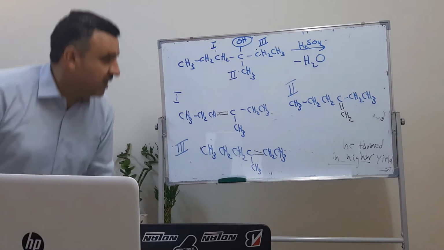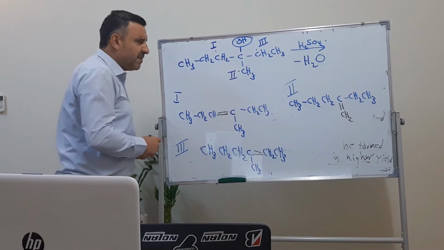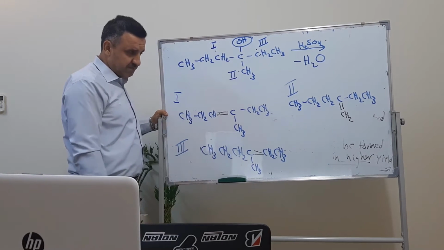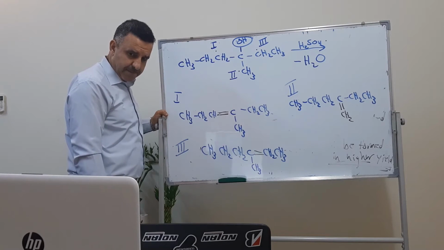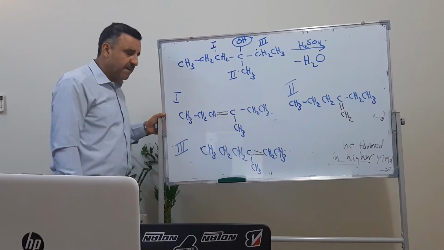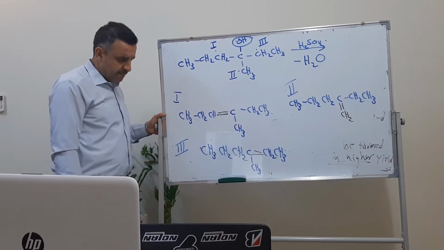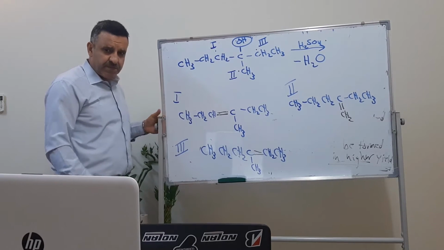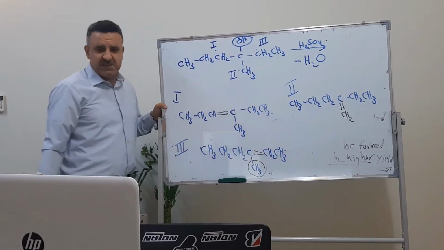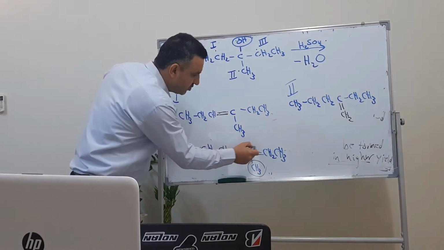Do you follow me? Here, how many alkyl groups are attached to this carbon double bond carbon system? How many? Two or three? No, it is three. Why? Because this is an alkyl group, isn't it? You just focus on the two carbons.